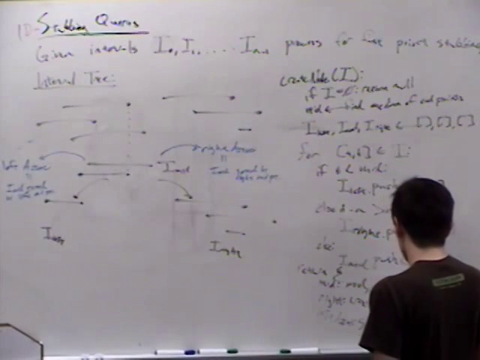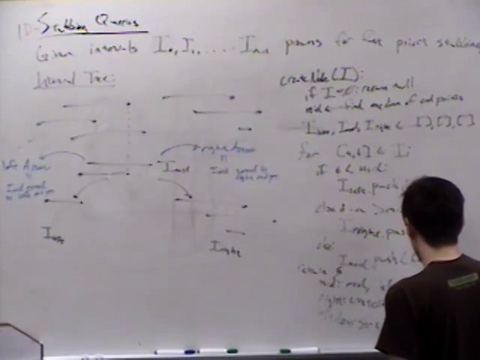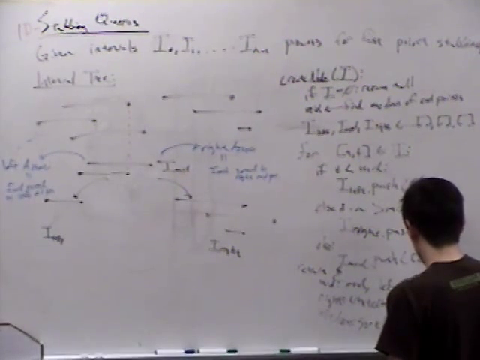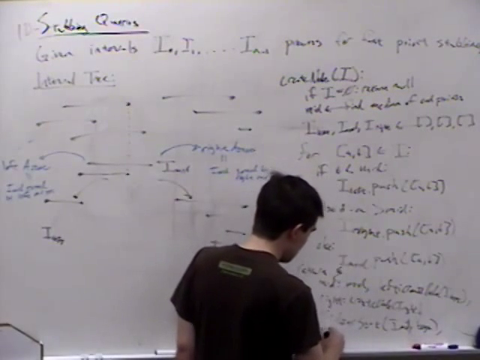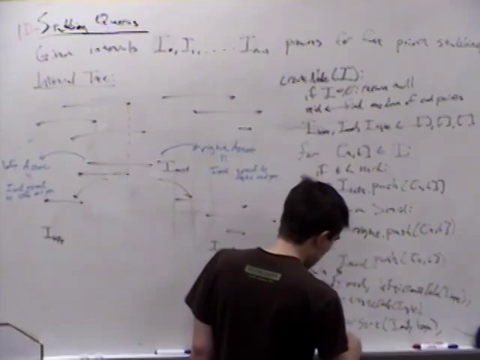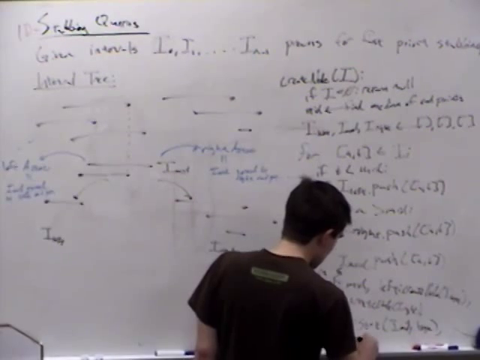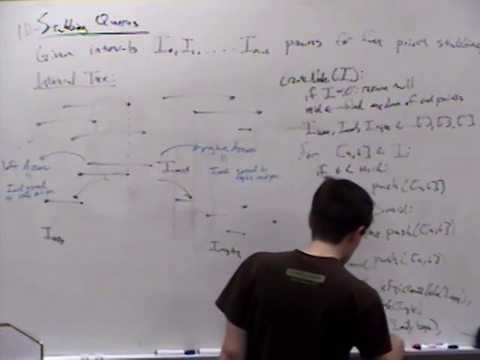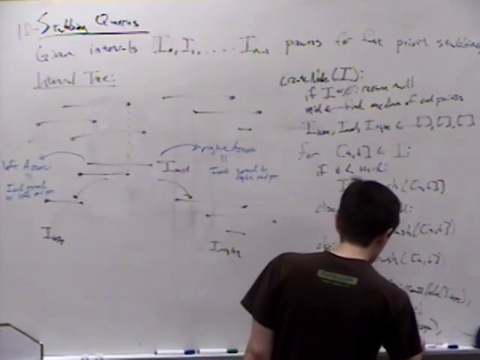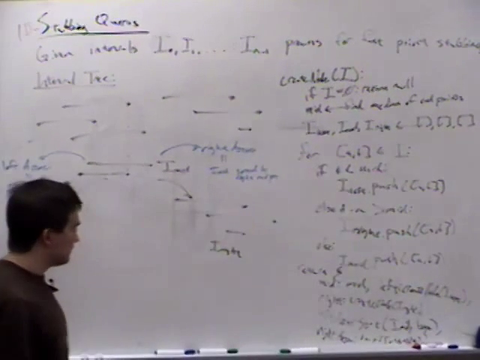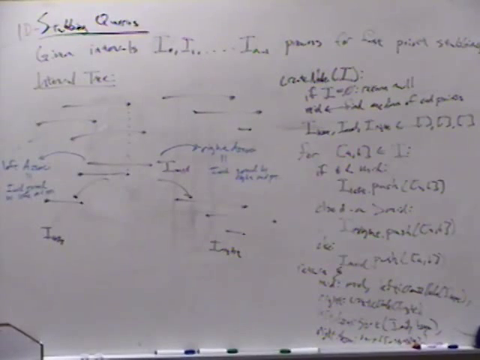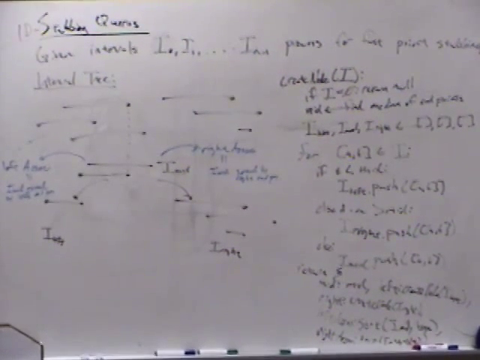We'll write this as sorted I mid, with begin for the left point, and then right, sorted by the endpoint. And that's it. This subroutine, if we call it, will completely construct an interval tree.